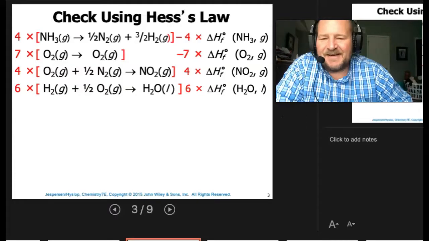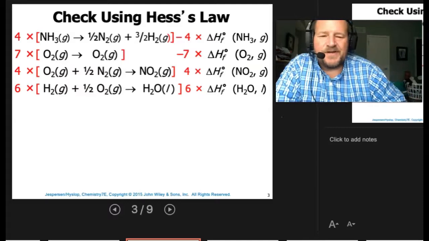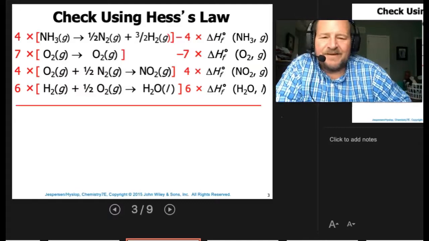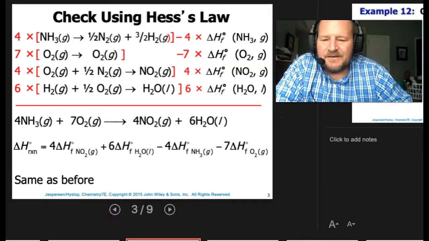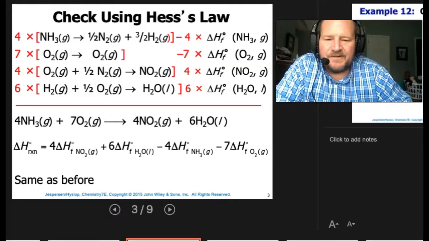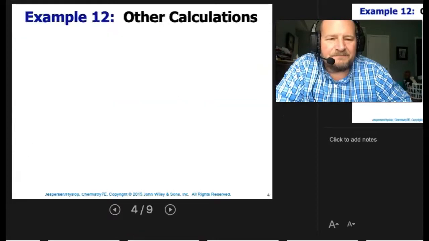And then 6 times the H2 plus half O2 going to water gives us the formation of water as a liquid. When we sum those up, we get the same as before. So whether we do it one way or the other, it's not going to matter.